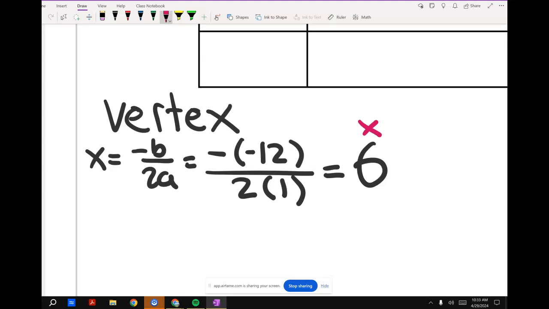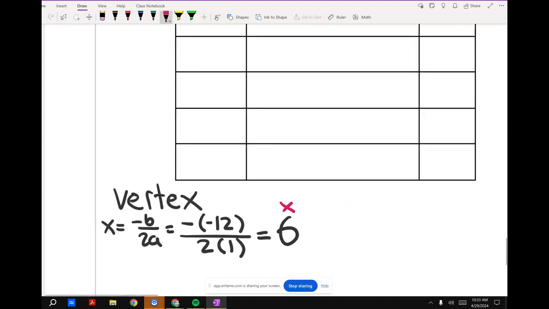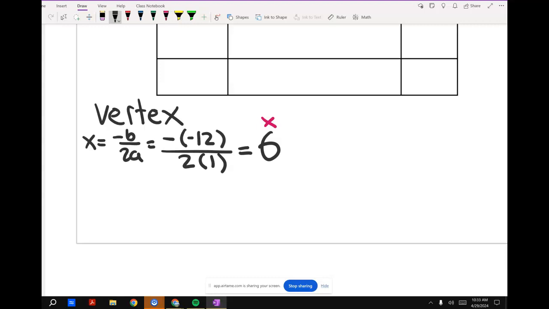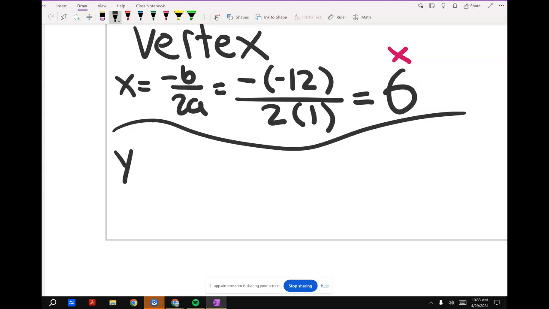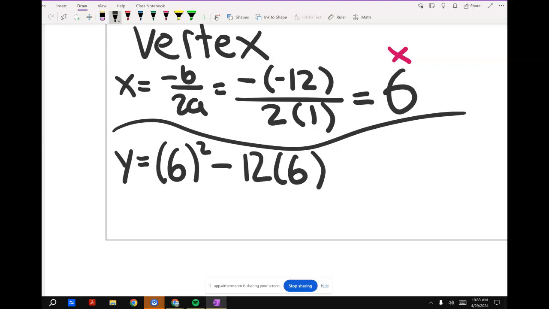If you want to put that in your table right away, just to remind yourself, all right, what's the whole thing? You could even write vertex in the middle before you begin. So you know where things go. Now to find our y value, we're plugging in 6 wherever we see our x. So we'd have 6 squared minus 12 times 6 plus 32.